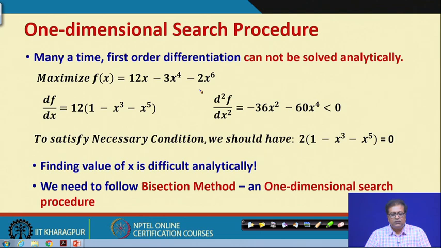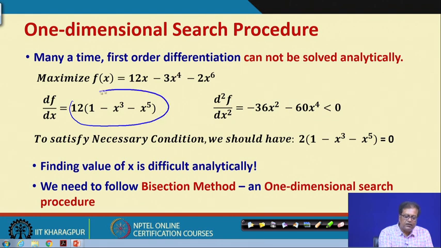So, minus 2x to the power 6 gives minus 12x to the power 5. So, this can be shown as df/dx equal to the first derivative 12 into 1 minus x cube minus x to the power 5. So, this is very easy to verify that is our first derivative.